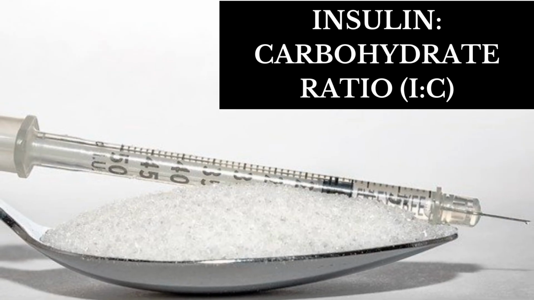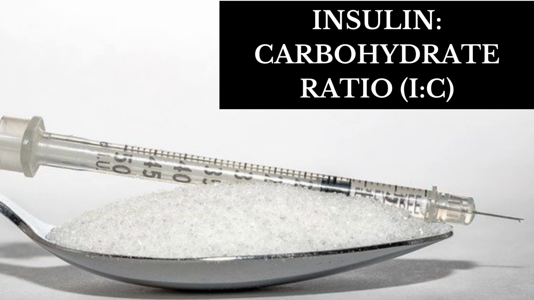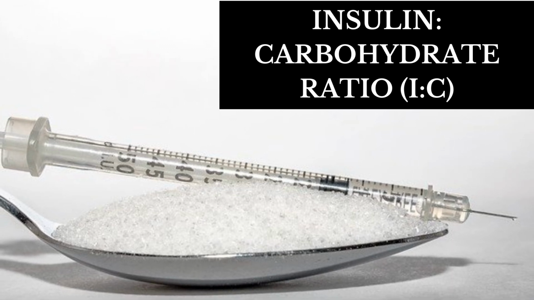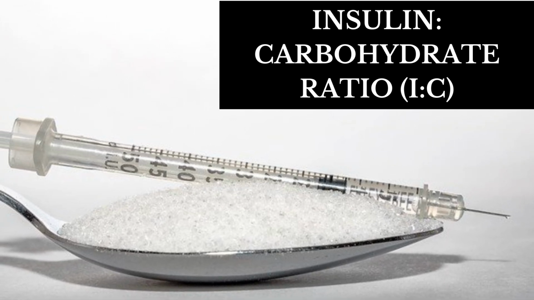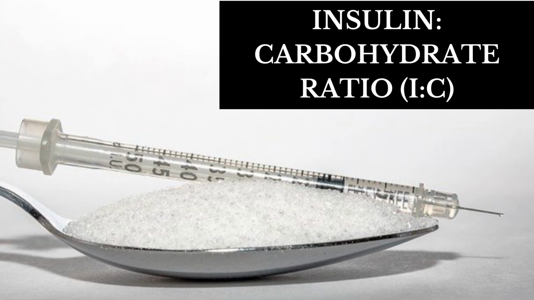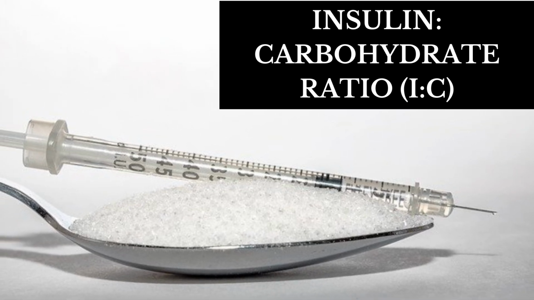Now, the first thing that you need to understand as a diabetic when meal planning is your insulin to carbohydrate ratio. What that ratio means is the amount of insulin that you need to consume for you to be able to mitigate the sugar level that is being given by a certain amount of carbohydrates.